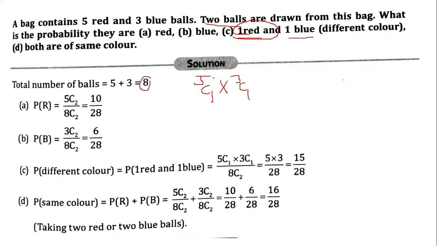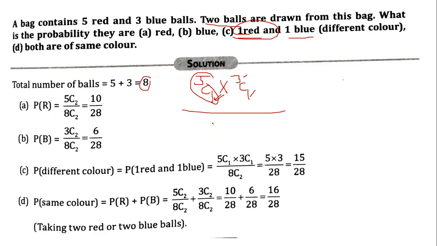So here, out of 5 red balls, I am selecting one red ball because that is a favorable event for me. I am expecting one red ball and one blue ball. Out of 5, one has to come to my hand. Out of 3, one has to come to my hand. And what is the total possibility?